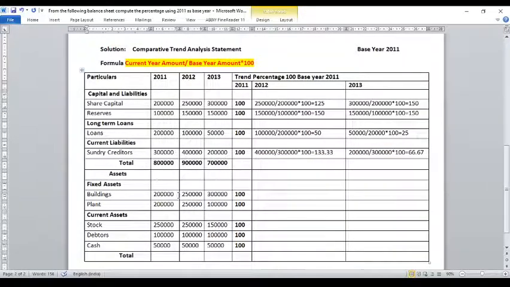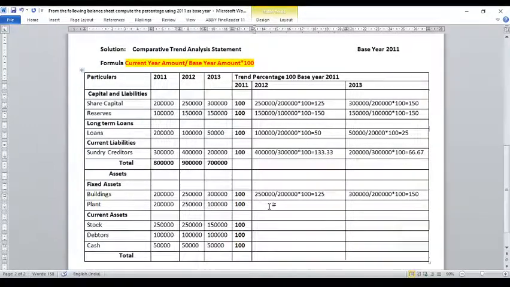Under assets we have building. For 2012, the building amount is 2,50,000 divided by base year 2 lakh into 100. So you get a percentage of 125. Next for 2013, it is increased to 3 lakh divided by 2 lakh into 100, and you get a percentage of 150.